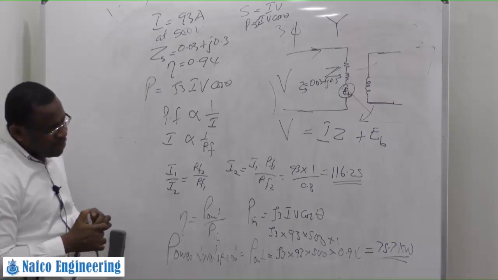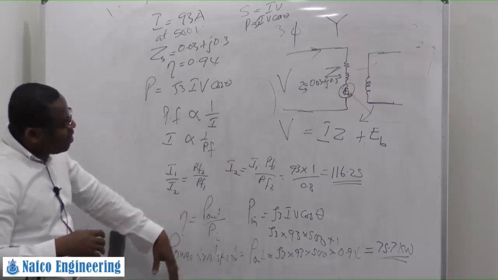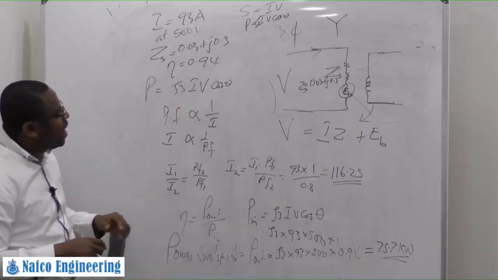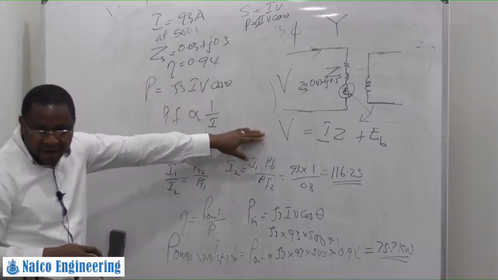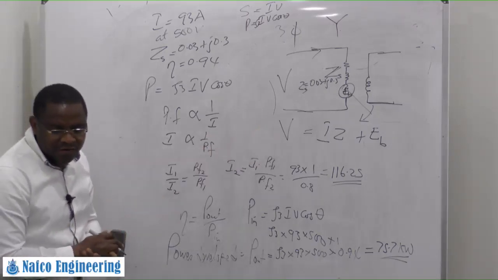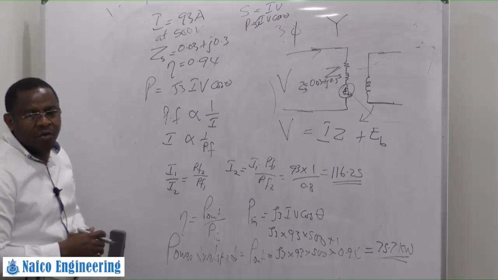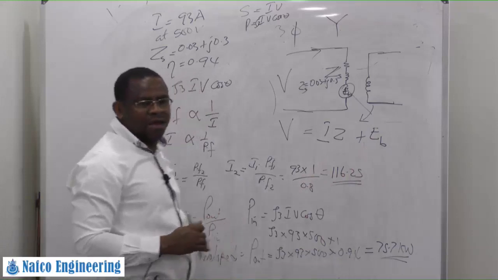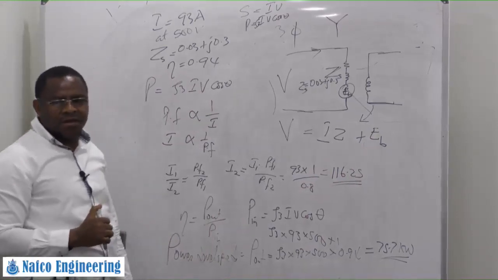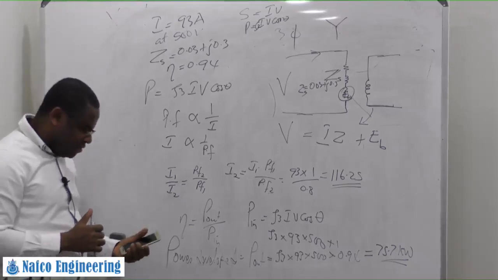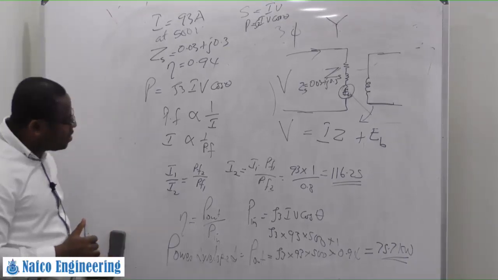Now, this one is just normal solutions. Now, the essence of doing this equation is for us to apply this, which is the last equation there. The electromotive force generated by the motor, the back EMF. For us to calculate the electromotive force generated by that motor.